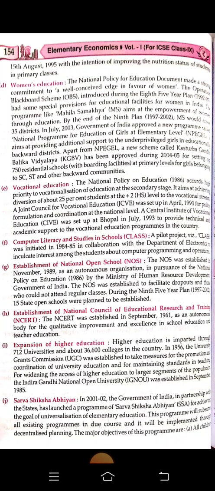Okay, next we have women's education. The national policy on education made a strong commitment to a well-conceived edge in favor of women. So for women also they are making different kinds of programs. Next we have vocational education.